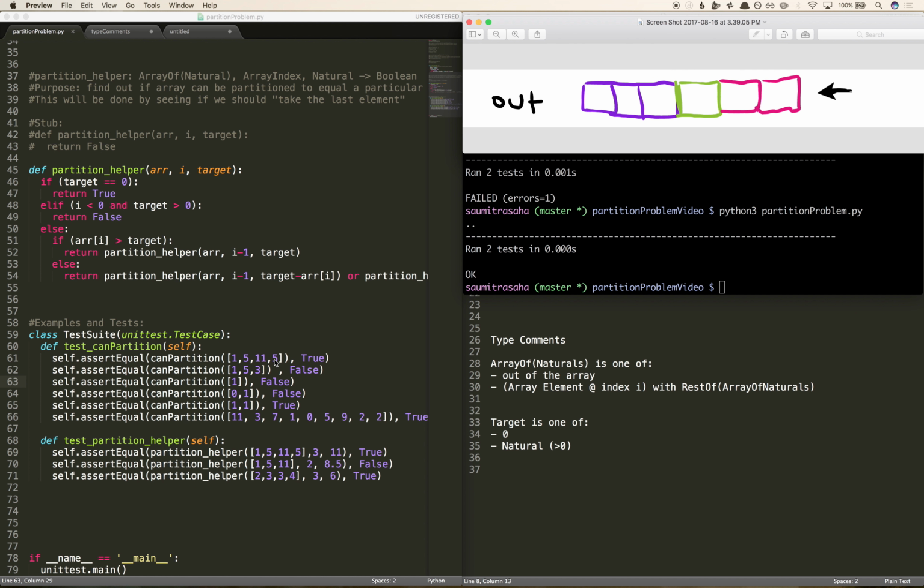Then what we did was we let our data, which is modeled by our type comments, lead us to the design of the function. And so now we have this partition helper function that solves our problem. But in the next video, I'm going to talk about some optimizations that need to be done, because you'll notice that this partition subroutine sometimes calls the same recursive call multiple times.